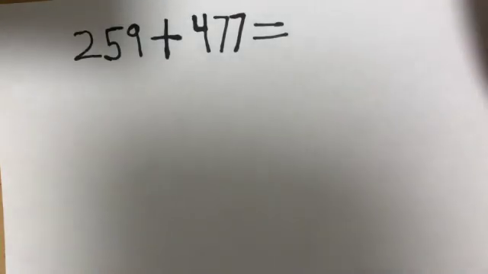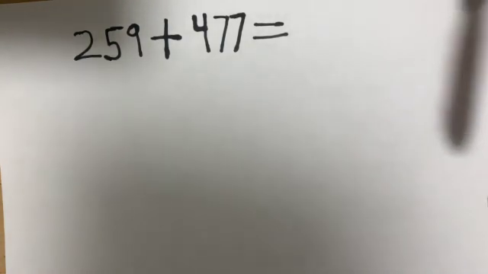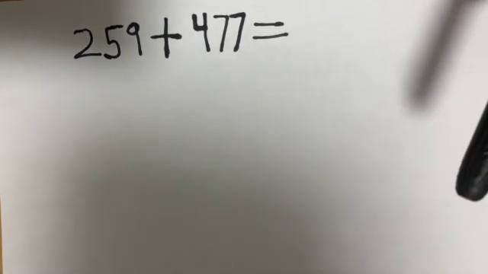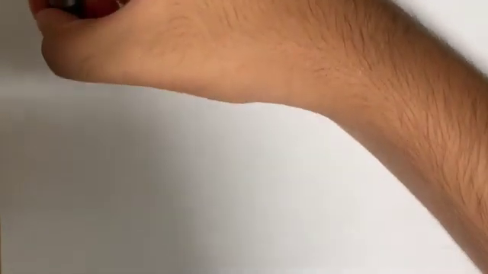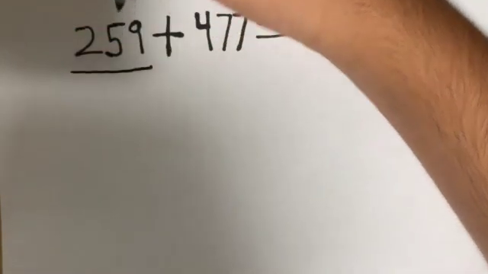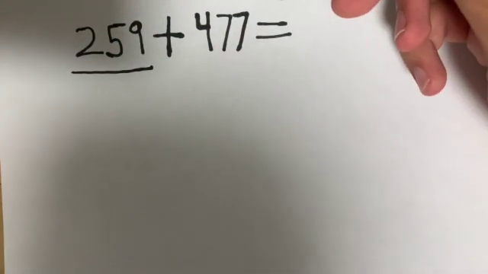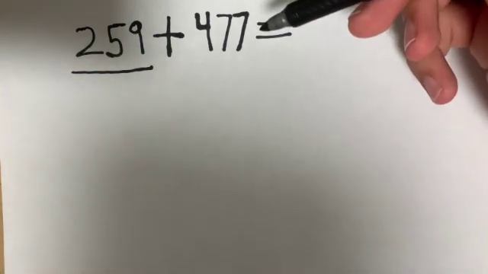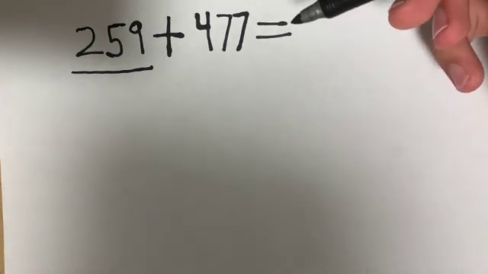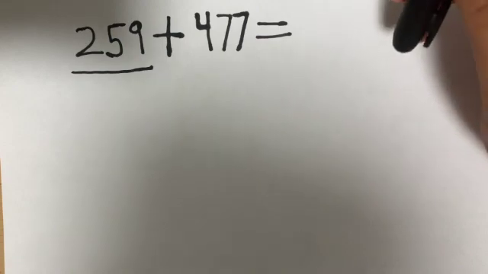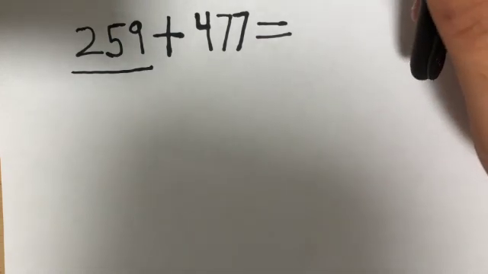Okay, so now we have 3 digit addition. We have 259 plus 477. Just like the 2 digit, I'm going to start with my first number, 259. We're going to start counting, but instead of counting up by 10, we're going to count up by 100.